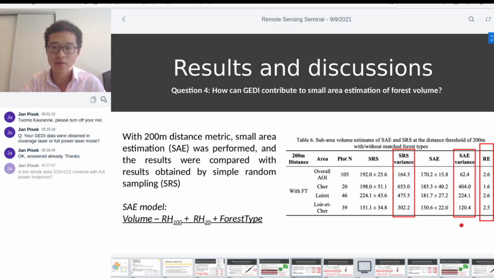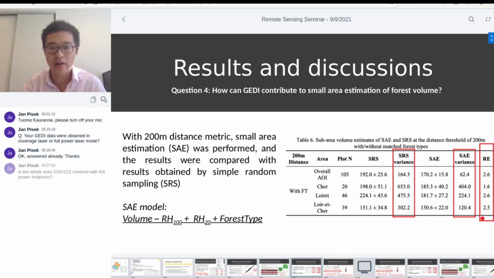And the model we used here is volume, and the variables are RH120 with forest type. So at each individual department level, the relative efficiency varies, with an increase in relative efficiency by a factor as high as 2.6 at the whole study area level and as low as 1.6.